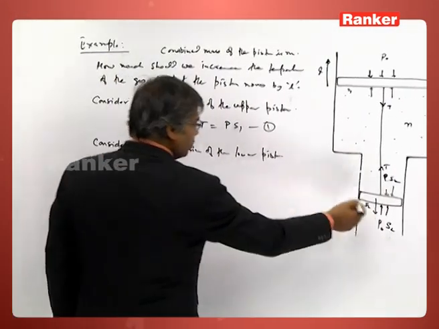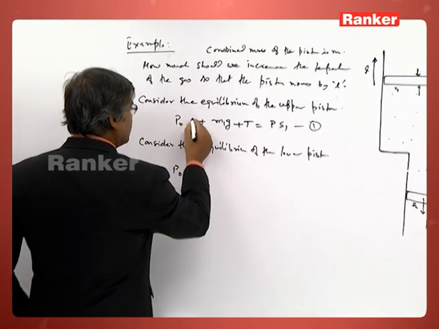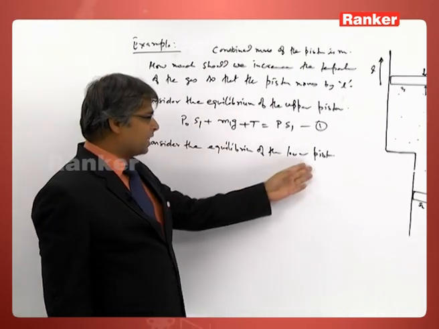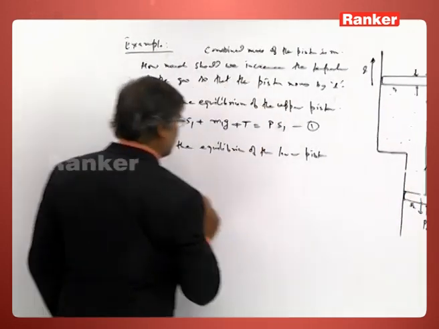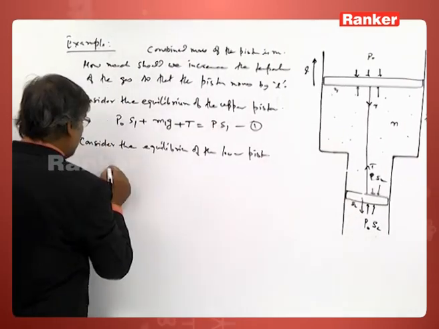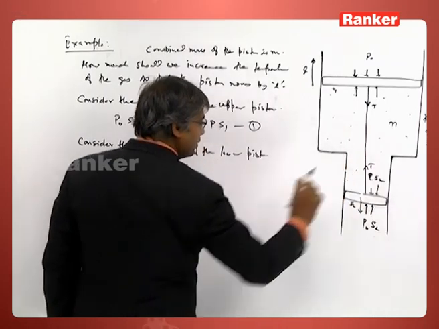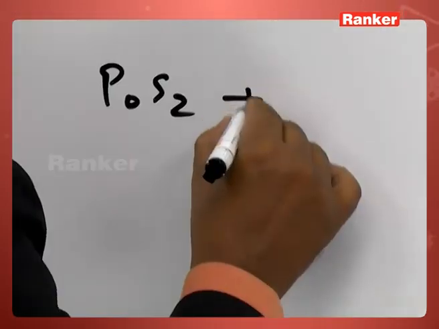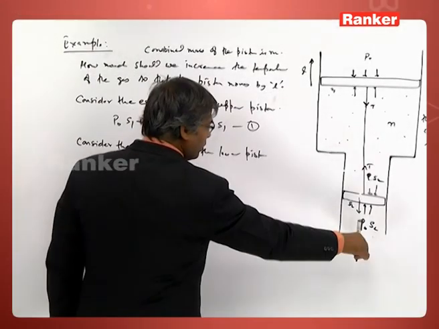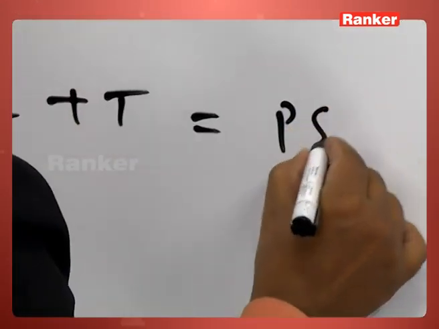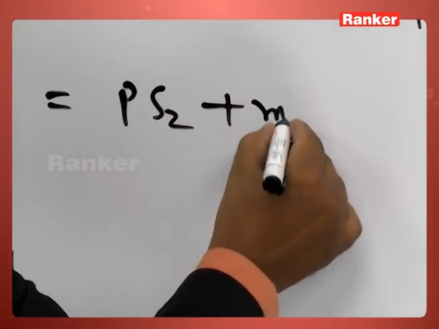Total upward force is P naught S2 plus T, and this is equal to the total downward force, that is PS2 plus M2G.